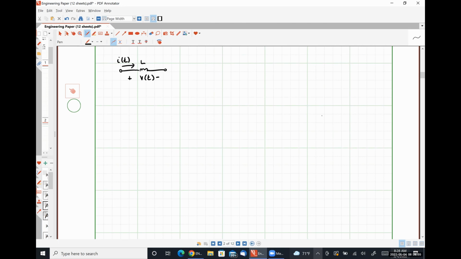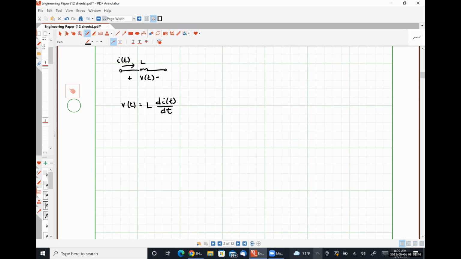Right. So Michael suggested that we use the relationship v(t) equals L di/dt. And that's exactly what we're going to use. We're going to use the derivative-based relationship because it's going to make the math a little bit easier on us.